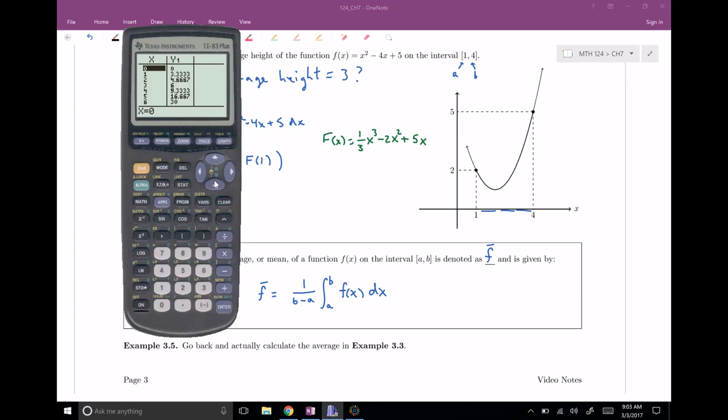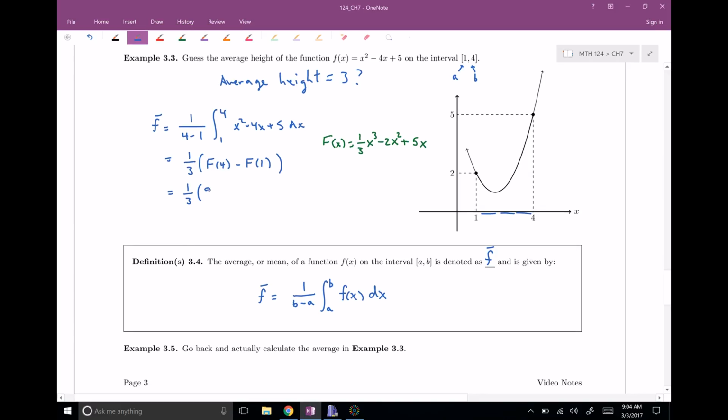So I need F of 4, 9.333, and F of 1, so up here we can see, 3.333. So 9.333 minus 3.333. So this is going to be 6 divided by 3, so that's going to be actually 2.